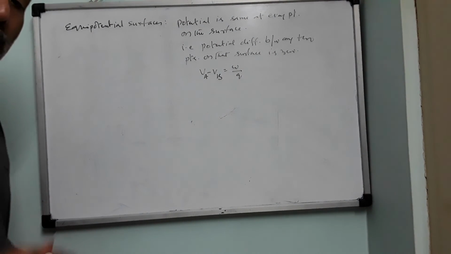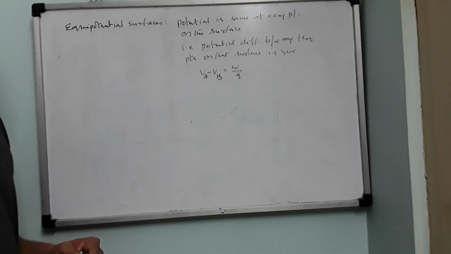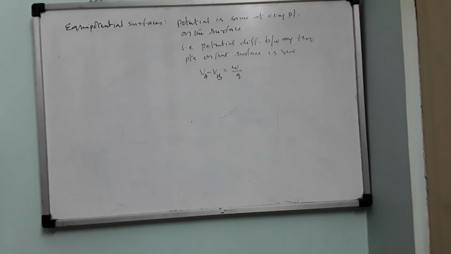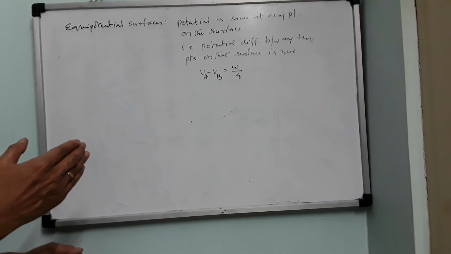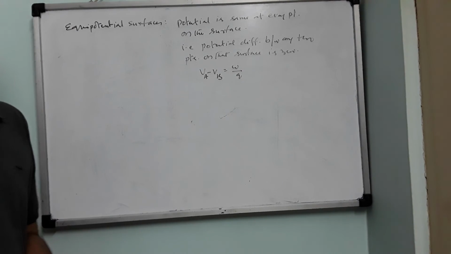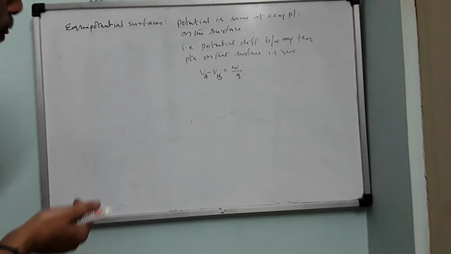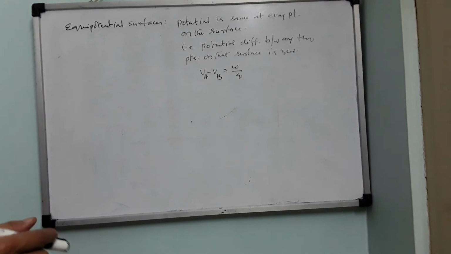It is not necessary to do any work to move a unit charge from one point to another on a given equipotential surface. Obviously, you need to do work to move the same charge from one equipotential surface to another equipotential surface.